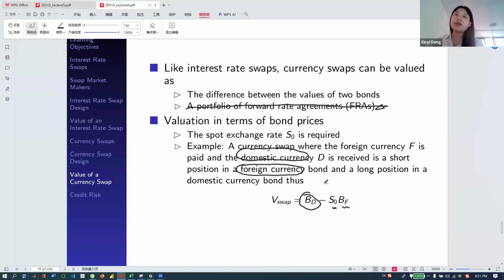So basically S0 here is just going to be the price of 1 unit of foreign currency denominated in domestic currency. So let's say, for example, we are dealing with AUD and USD, with USD being the foreign currency and the domestic currency being the AUD.